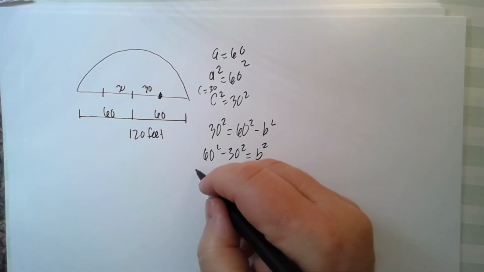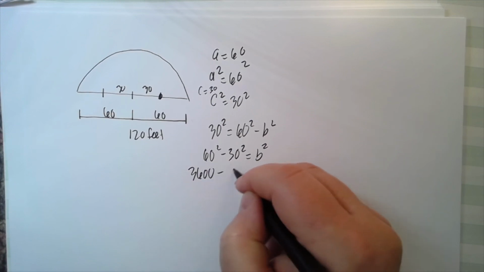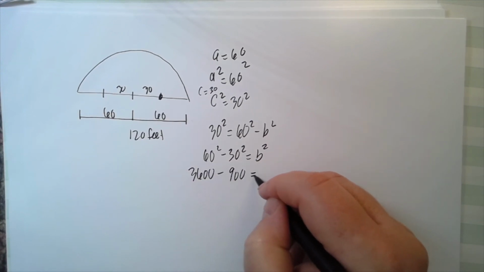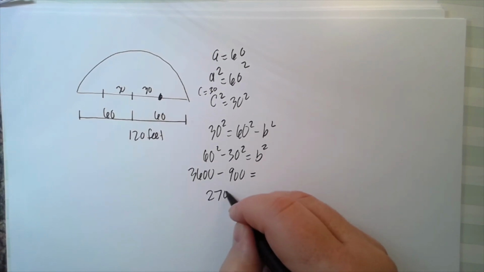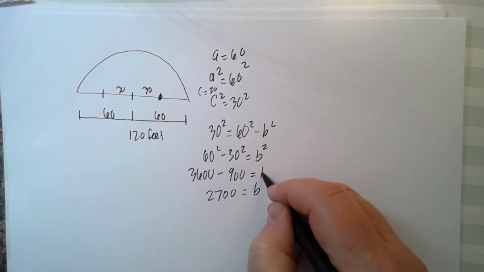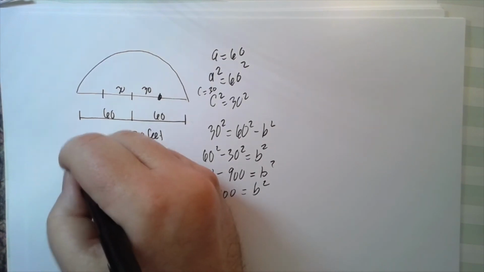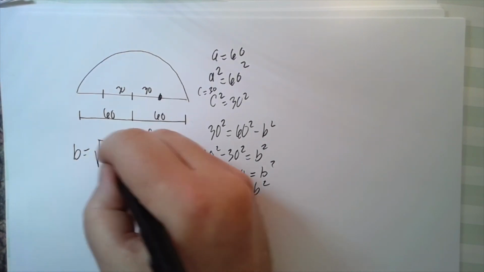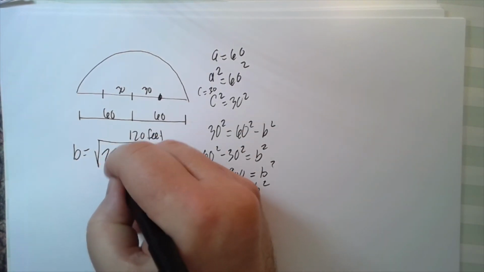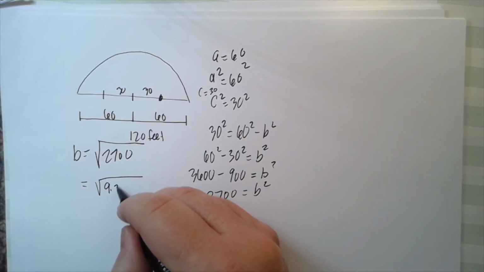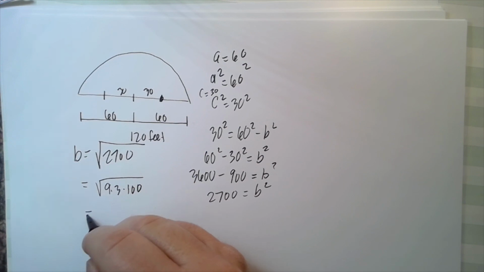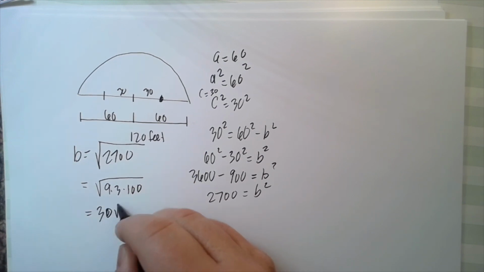So we get 3,600 minus 900 equals 2,700. So B is equal to the square root of 2,700. Well, this would be 9 times 3 times 100, or 30 square root of 3.